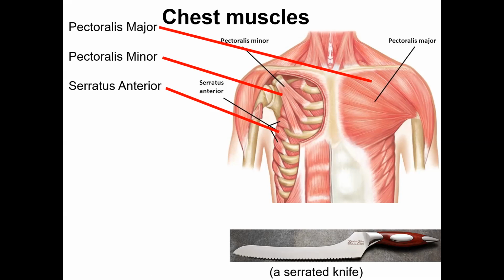And especially in bodybuilders who do a lot of chest work, these are the muscles that help to give definition to the chest region. And just to make the connection here, the word serratus anterior comes from serrated, right? Just as in this knife, the serrated edge, which very closely resembles the way the muscles interweave themselves into each of our ribs.